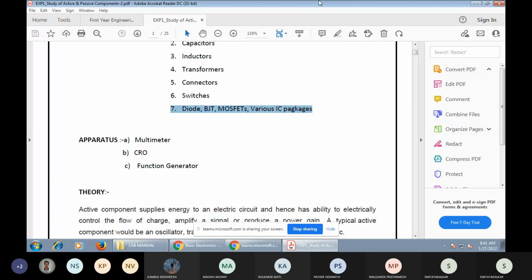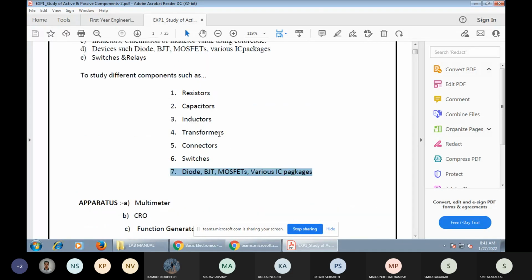You can use all of point number 1 to point number 6: resistor, capacitor, inductor, transformer, connectors and the switches.